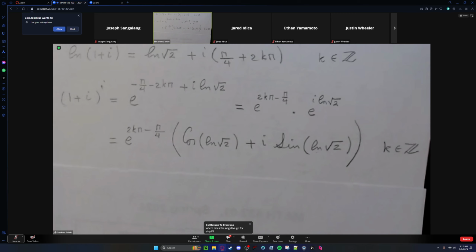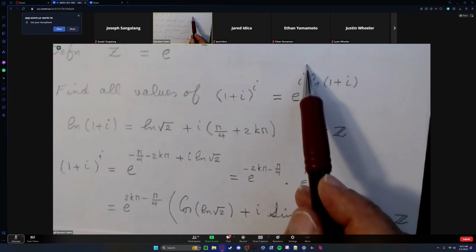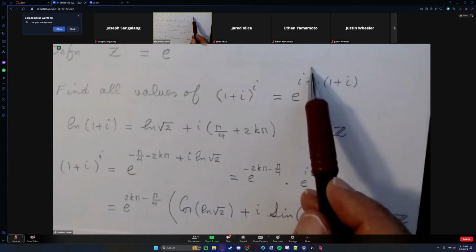Well, for the logarithm, you multiply it by I, extra I. So you write this as I times log of 1 plus I. After finding log of 1 plus I, you multiply by I. So here is log of 1 plus I. Now we will multiply by I. If I multiply by I, this will be negative 1, I squared.